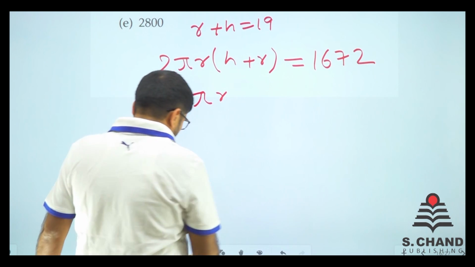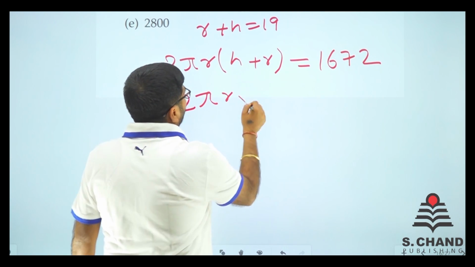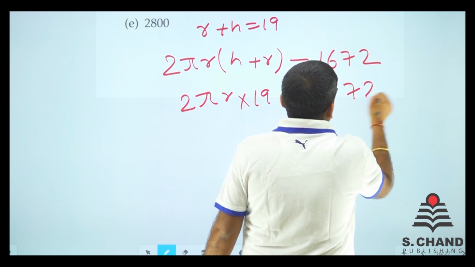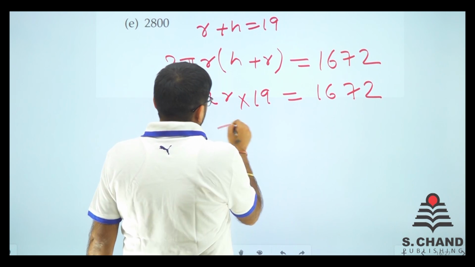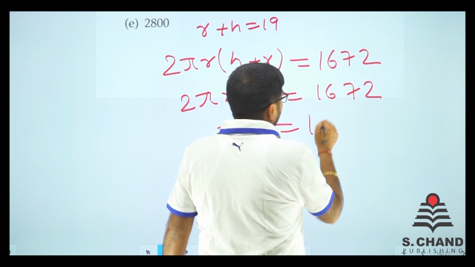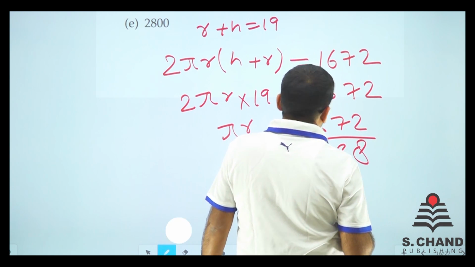And the value of r plus h is 19. So I put 19 over here. It comes out to be 1672. So 2 pi r, just put pi r, 19 into 2 is 38. So we get 1672 divided by 38, right?